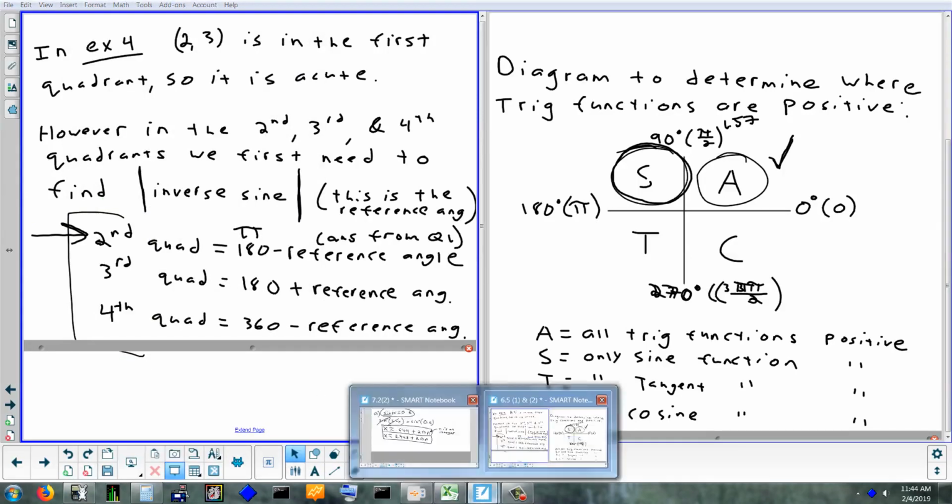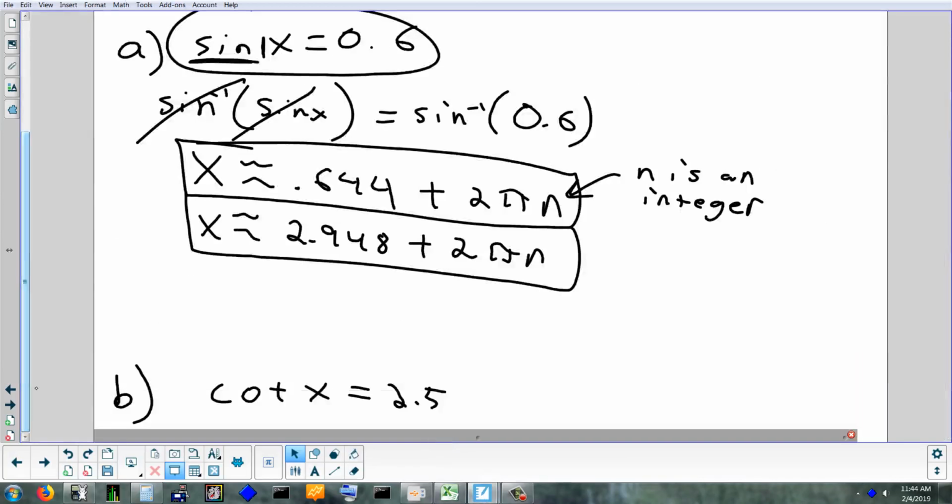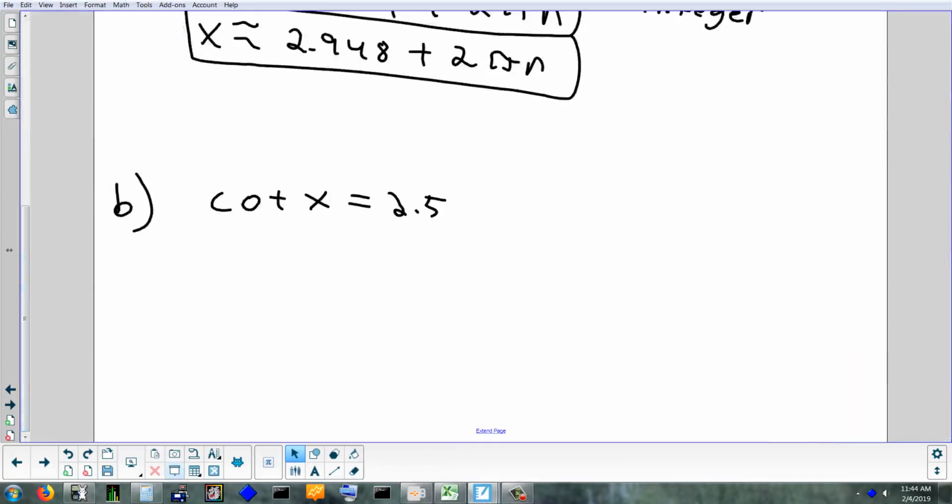All right, so let's try this one. Cotangent x equals 2.5. Now, what's kind of a pain about cotangent? Yeah, it's 1 over tangent, right? Cotangent is the same as 1 over tangent.